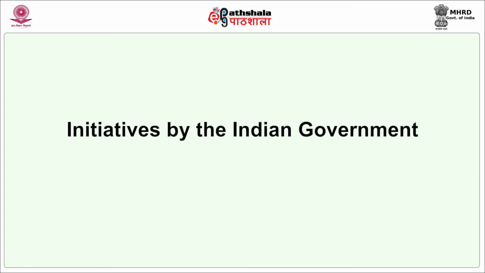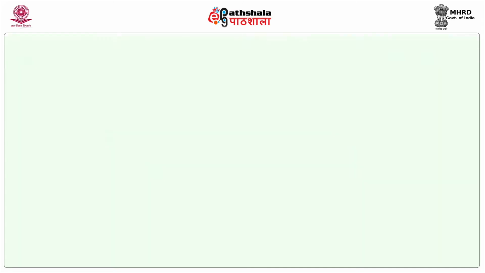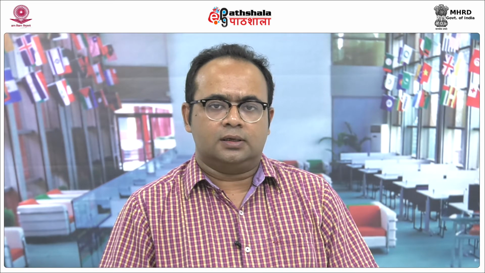Initiatives by the Indian government. The National Policy on Child Labour of 1987 looks at a gradual and sequential approach with a focus on rehabilitation of children working in hazardous occupations, stricter enforcement of laws and developmental programs that will ensure the tackling of the root causes like poverty.